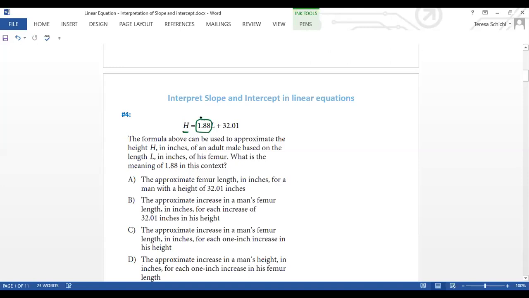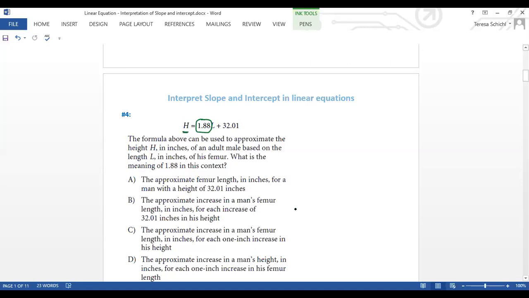Remember, this is the slope, the rate of change, like we talked about. That means every unit L increases, my H will increase, because it's positive. L is the femur, H is height. So every inch of femur increase, my height is going to increase by 1.88.